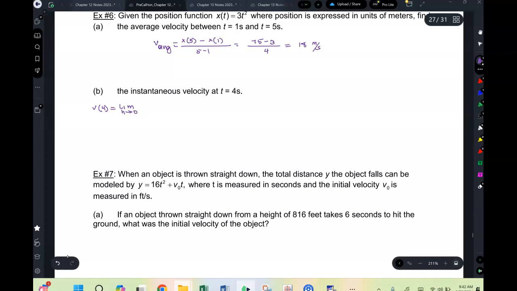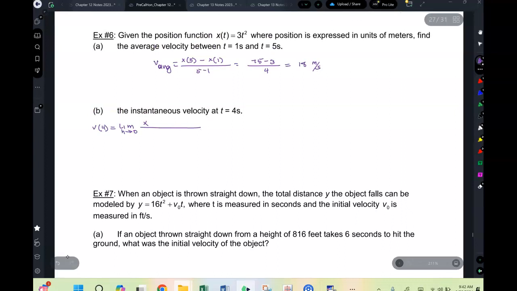So it's x of t plus h, correct? So it's going to be x of 4 plus h minus x of 4 over h. Remember, it would have been x of t plus h minus x of t, but t is 4.